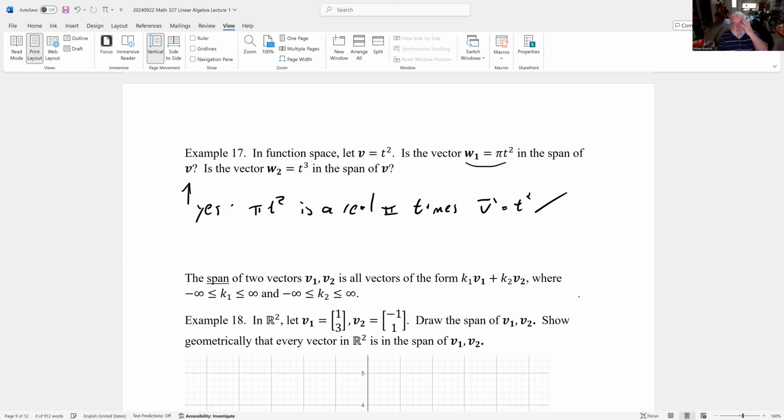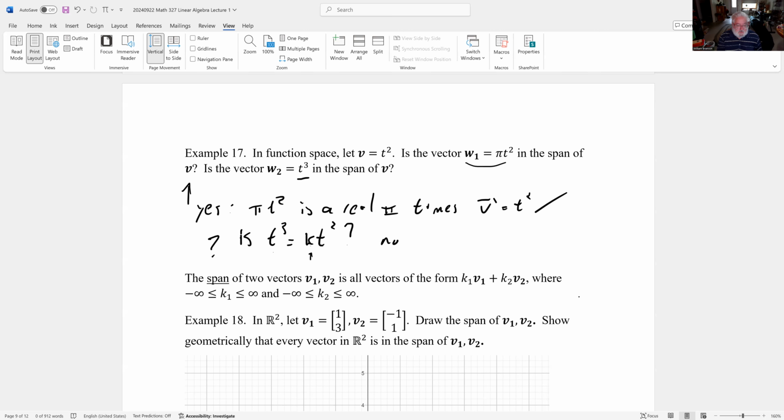So it's in the span, right? That's what it means to be a span for functions. Is t cubed in the span of v? So for the second question, we want to ask ourselves, is t cubed equal to a constant times t squared? It's our vector, scalar, so is t cubed a scalar multiple of t squared? And the answer is no.